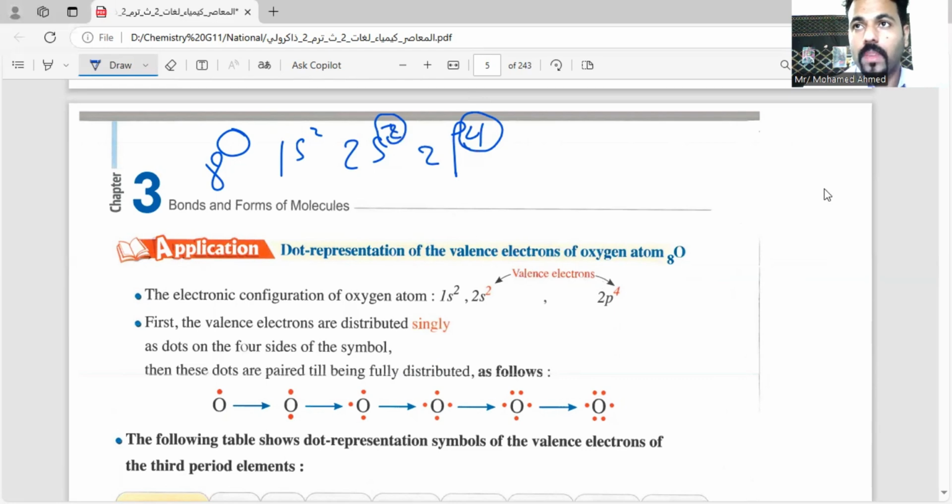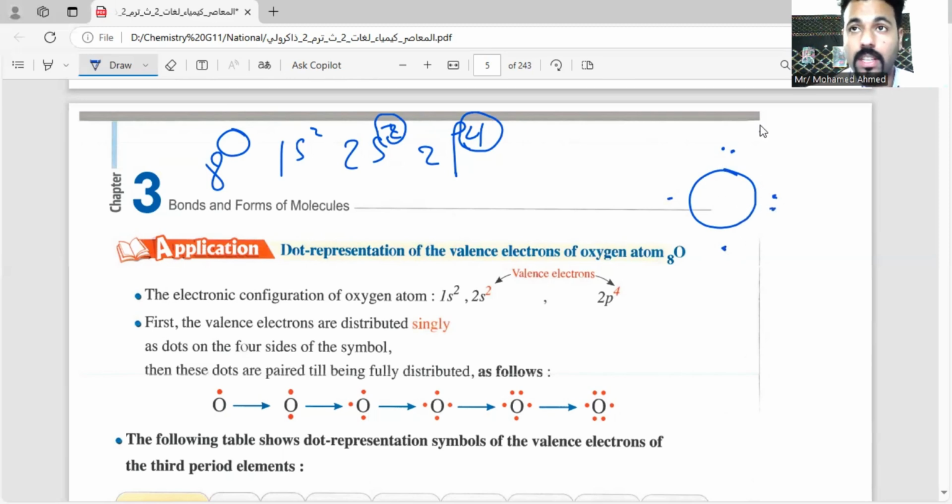Let's draw them. Here we have oxygen, simple. As we said, you have to distribute these electrons singly first and then pair electrons. So 1 electron, 2, 3, 4, 5, 6.